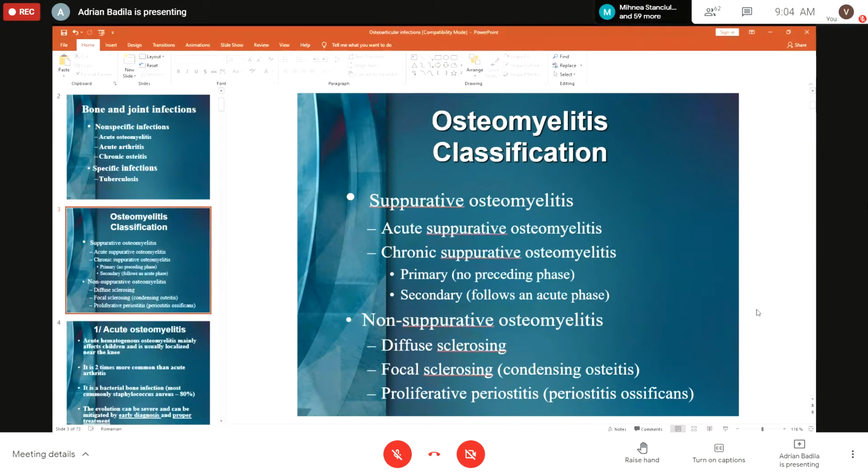The secondary chronic osteomyelitis has a first acute phase. We have an acute osteomyelitis which wasn't well treated, and it evolves towards a chronic osteomyelitis. The non-suppurative osteomyelitis has a number of clinical manifestations like diffuse sclerosing, focal sclerosing, proliferative periostitis, and so on.